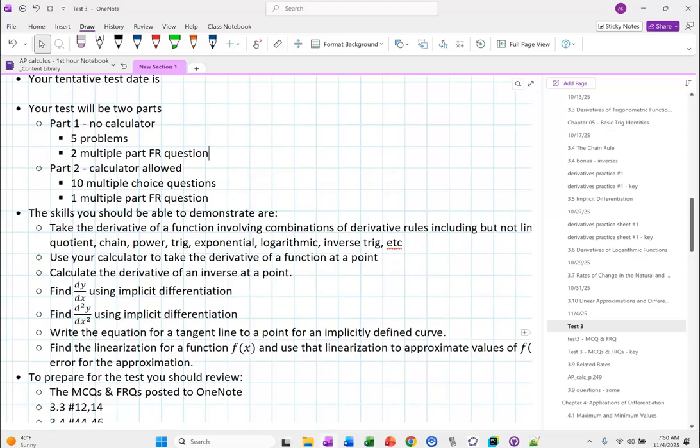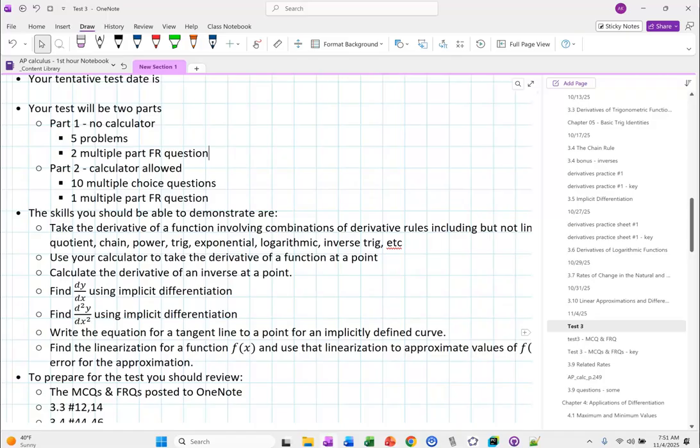So skills that you should be able to demonstrate: taking the derivative of a function involving a combination of the derivative rules, including but not limited to quotient, chain, power, trig, exponential, logarithmic, inverse trig, etc. So basically we have all the derivative rules. You should see problems that throw them at you in combination.